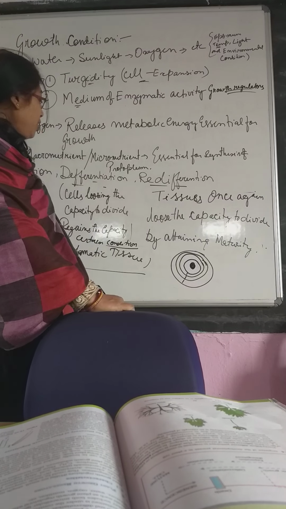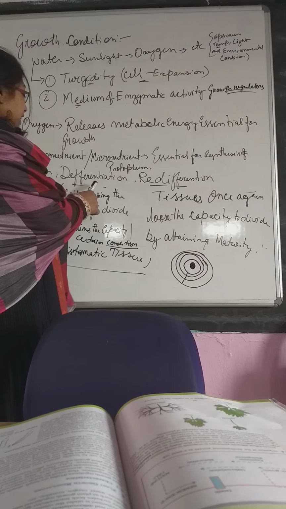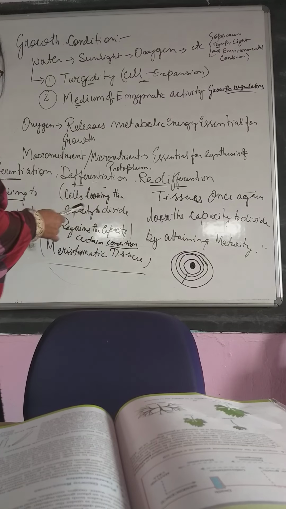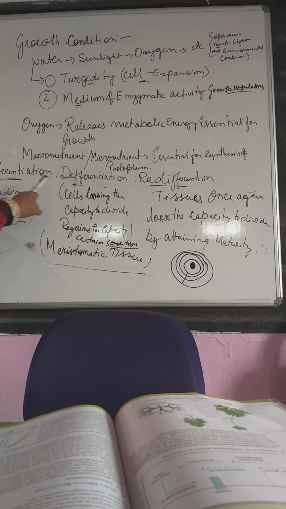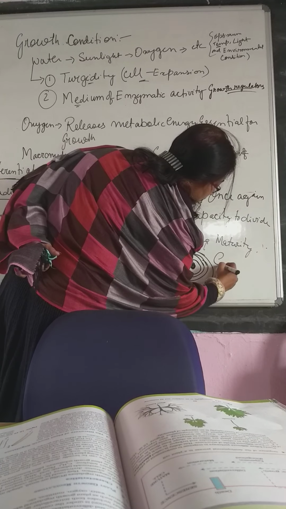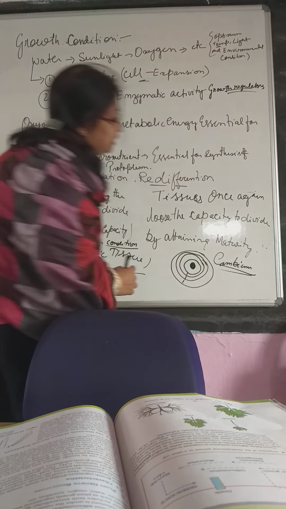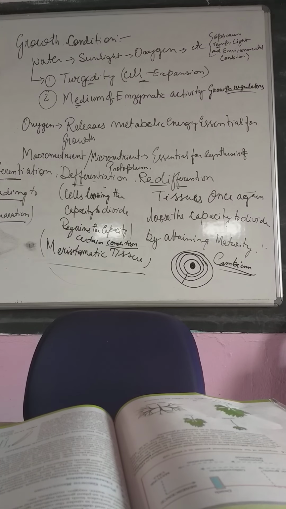But here it defines the actual capacity, the definition of differentiation and de-differentiation. That means during the season the cambium cells expand and divide, then again stop. So first initiation, maturity, stop. That is differentiation.